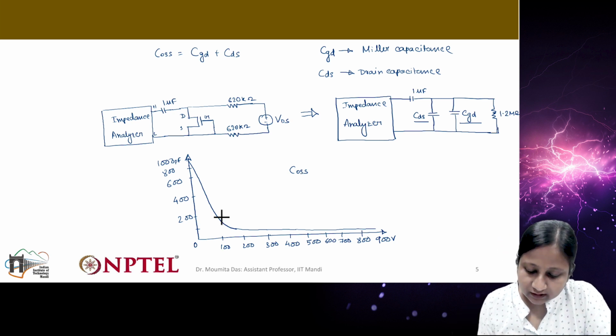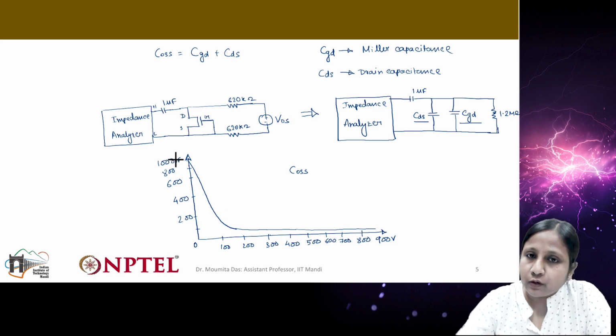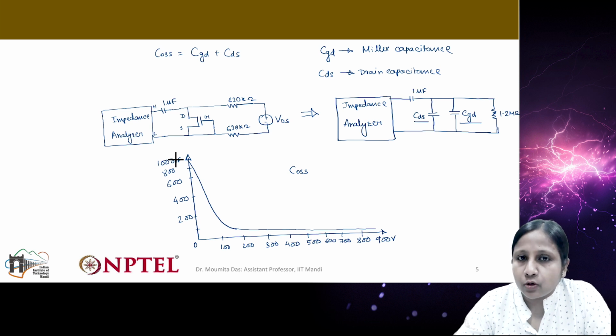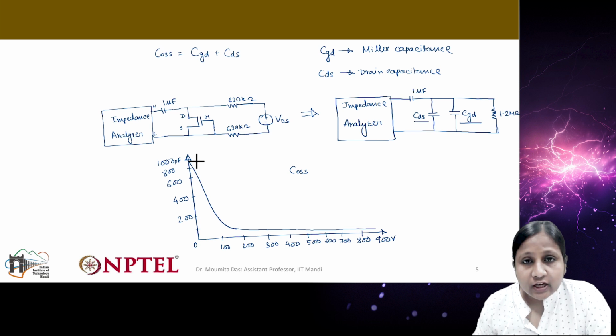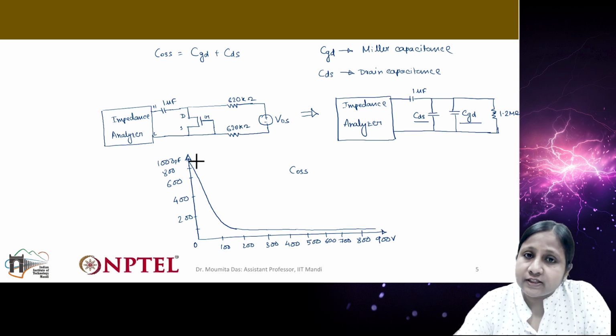Basically, the maximum value of the output capacitance will change for different devices. That comes from the material properties and also from the size and dimensions of the device, but the characteristics will look like this. Initially a very high value of parasitic output capacitance will come into the picture.